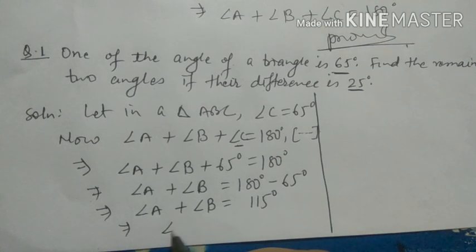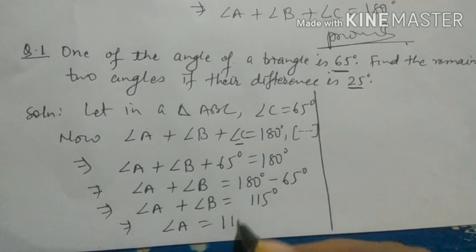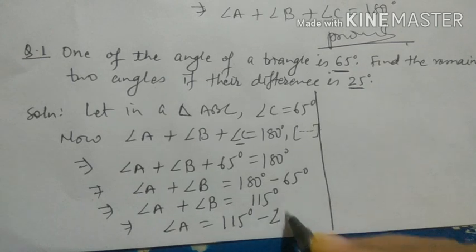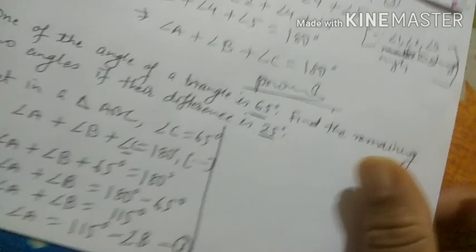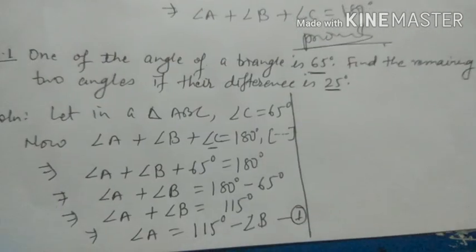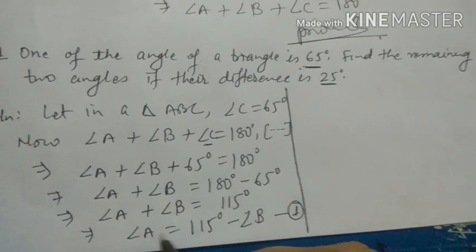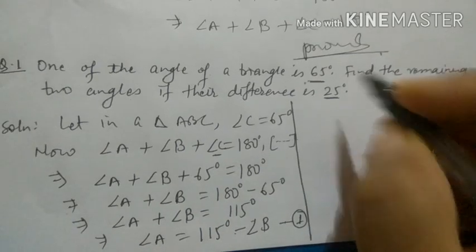This implies angle A equals 115 degrees minus angle B. Note it as equation 1.